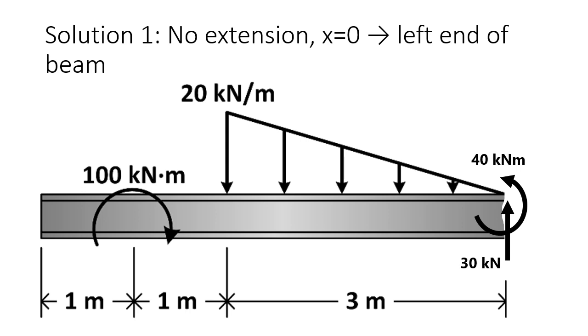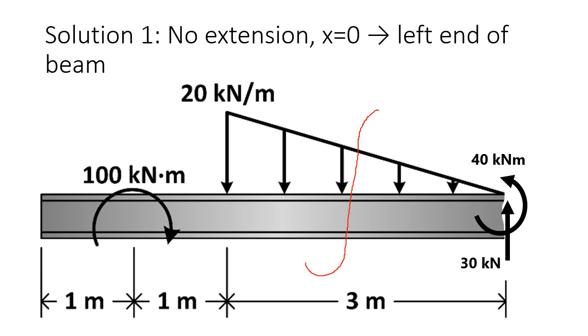If it does not extend to the rightmost end of the beam, that's the time that you have to extend the distributed loading. Okay, so I already solved for the support reactions at the fixed support. So you have a 30 kilonewton upwards load and then a 40 kilonewton meter counterclockwise moment. However, since we would be using the rightmost section here, we would be sectioning the beam over here.